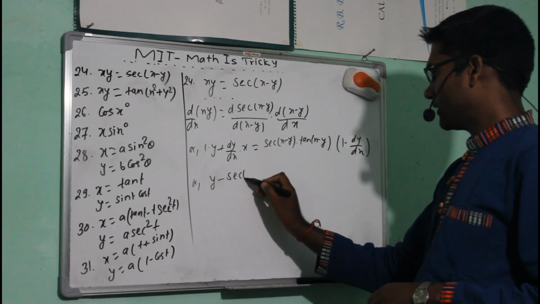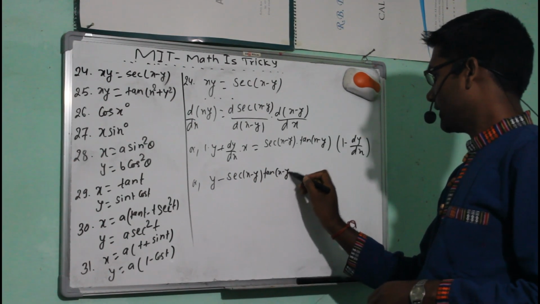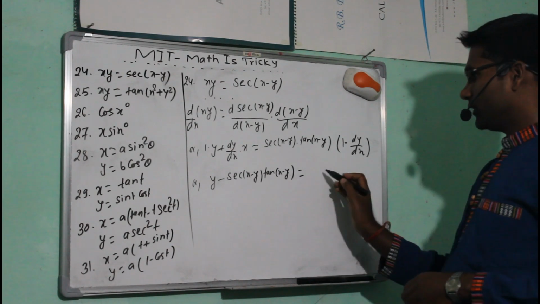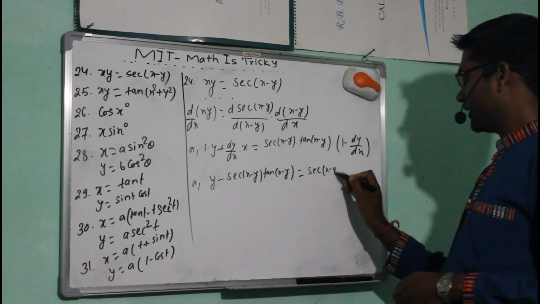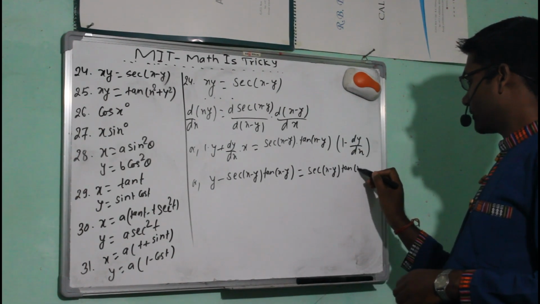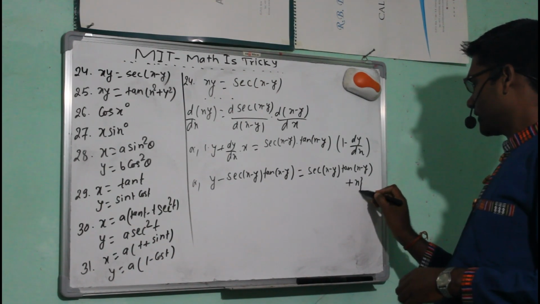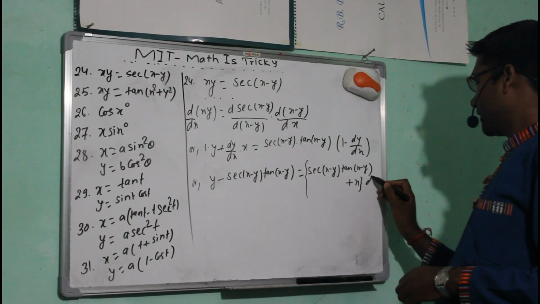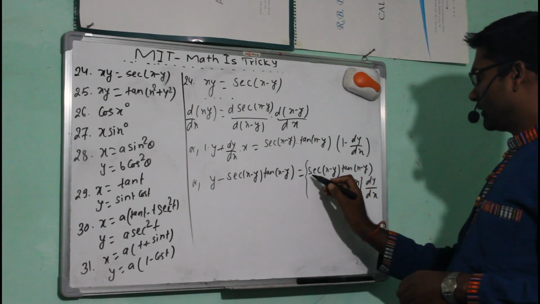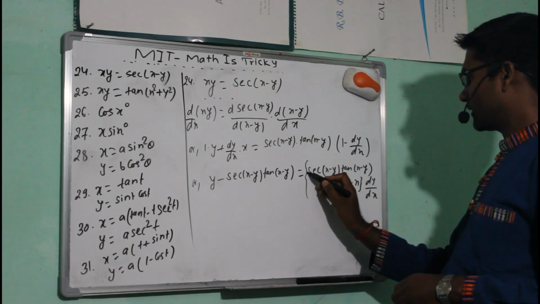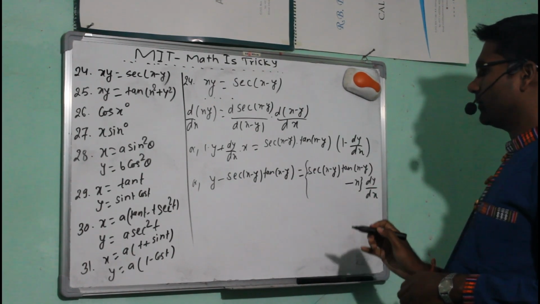Okay, let's simplify this. I'm arranging the terms, so it will be y minus sec x minus y tan x minus y equals sec x minus y tan x minus y, and then plus x times dy by dx. This one is minus, and this also is minus, minus x.